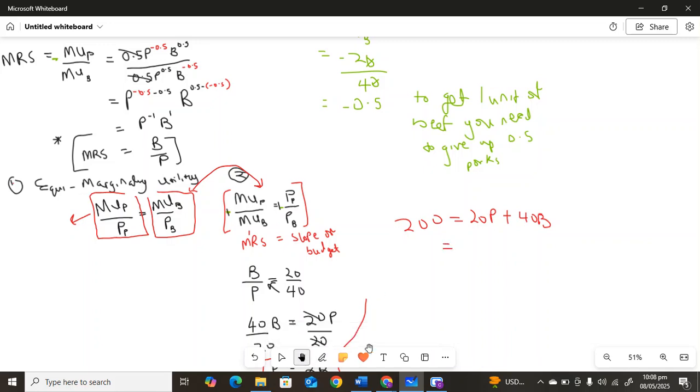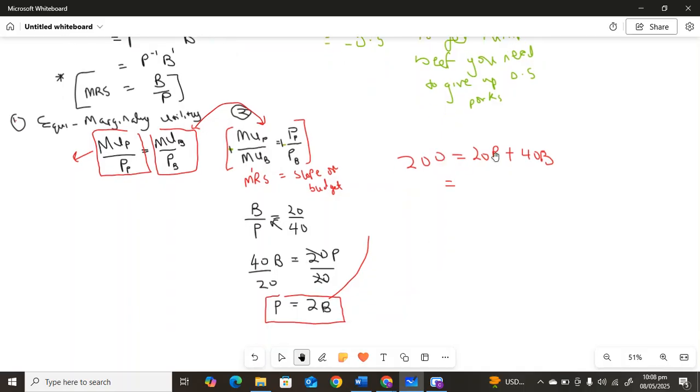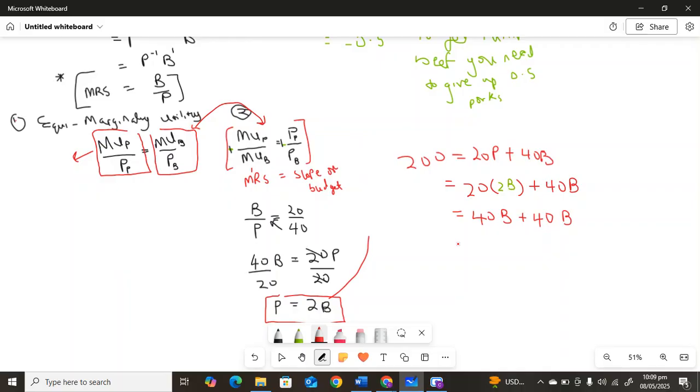We found that P equals 2B. So we substitute P with 2B there. So that is 20 brackets 2B. 20 times 2B, that is 40B. 40B plus 40B, that is 80B.